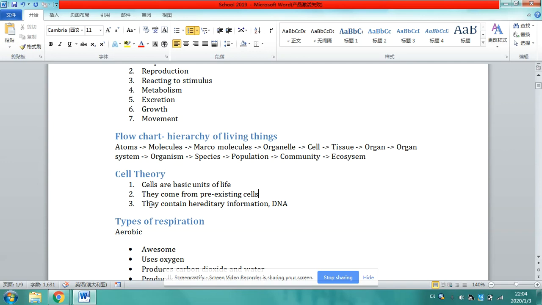And the third one is they contain hereditary information or DNA. This is important because DNA is information that determines who you are as a person. It's the information that carries from generation to generation that determines who you are or what you are.